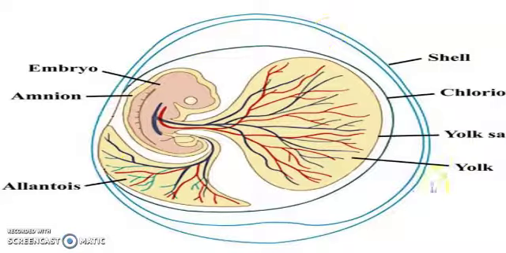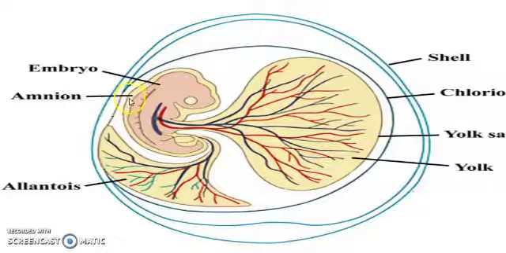This is an amniotic egg. The outermost is the shell, then the chorion. This is the yolk sac. It contains capillaries that provide food to the developing embryo, and there is a water bag around the embryo called the amnion.